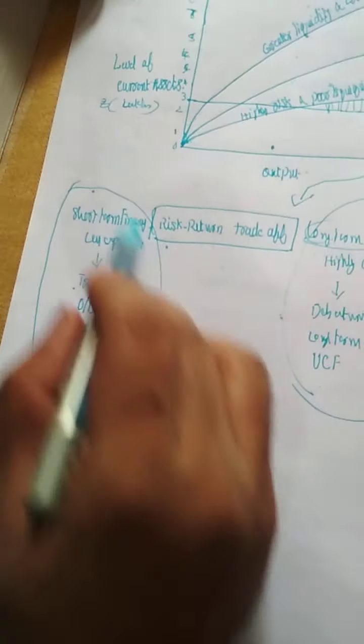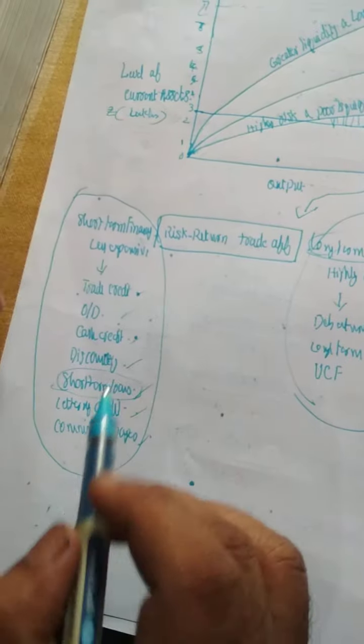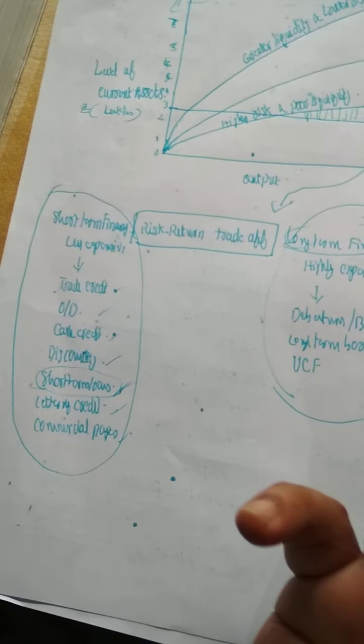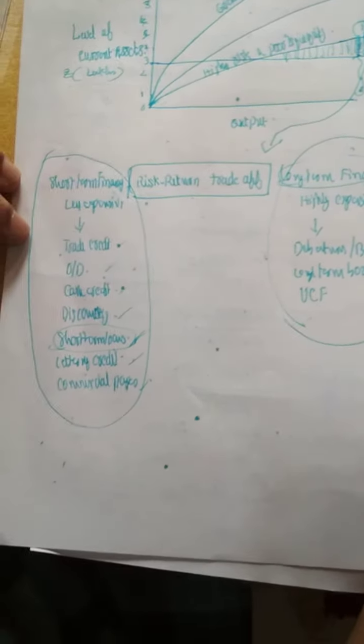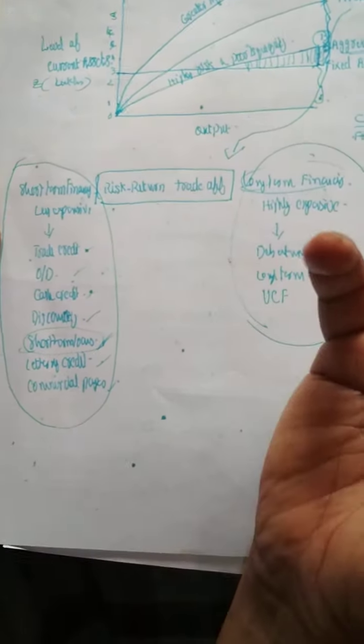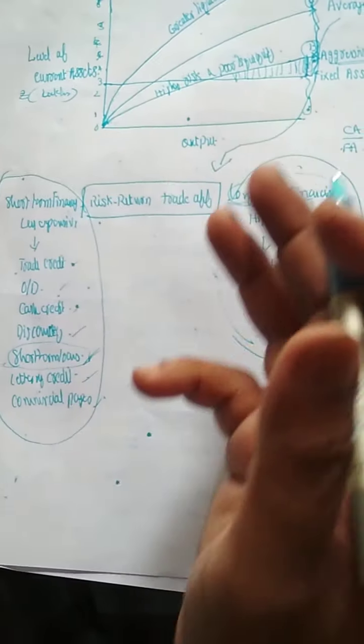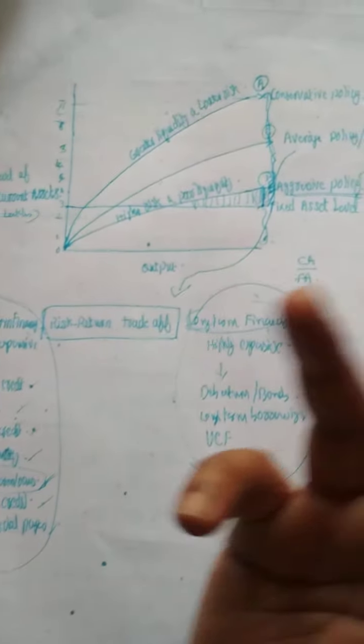A firm which is depending more on short-term sources, for example short-term loans, uses working capital finance. Cash credit is a source of finance for working capital. Overdraft facility is a source of finance for working capital. Trade credit, letter of credit, commercial paper, these you have studied under money market instruments, are sources of working capital.